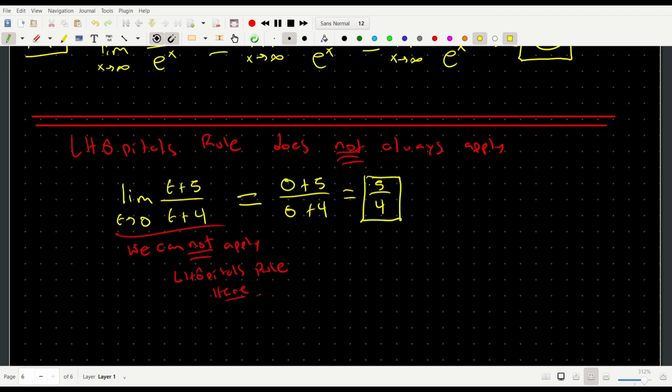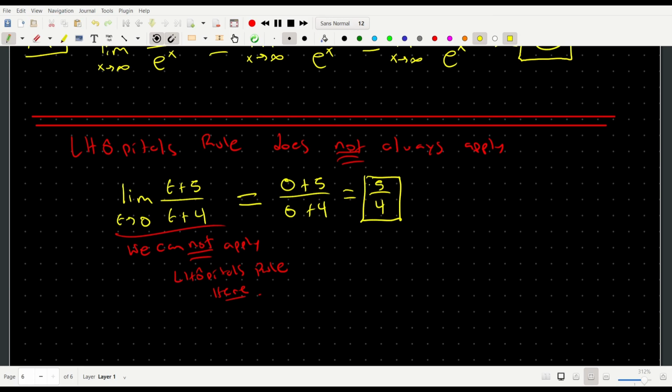Note that if you were to try to apply L'Hopital's rule here, you would end up getting 1, or I should say the limit of t over t, which is 1, which is the wrong answer. It's not correct to apply L'Hopital's rule here in this situation, because the limit does not result in a 0 over 0 or infinity over infinity indeterminate form.